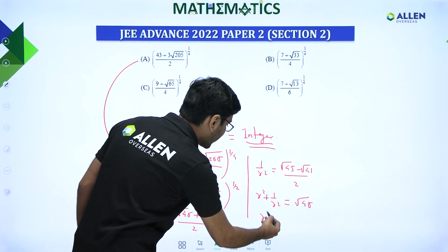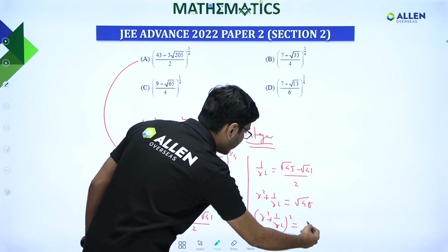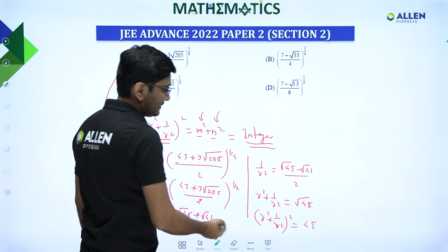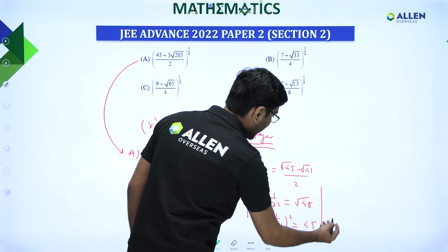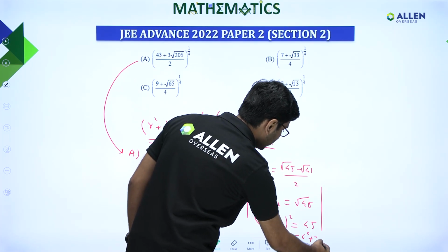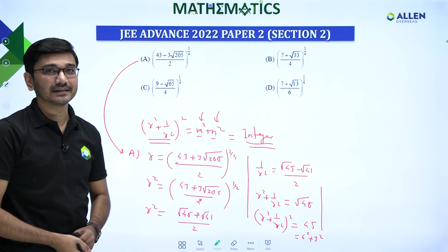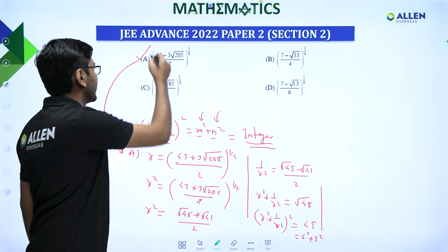So, its square if I calculate, I will be getting 45, and 45 can be written as 6 square plus 3 square. So, it is satisfying our condition, therefore, option A is correct.